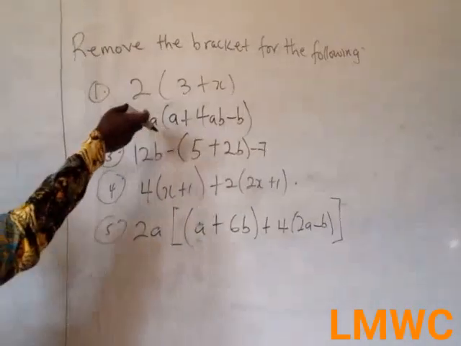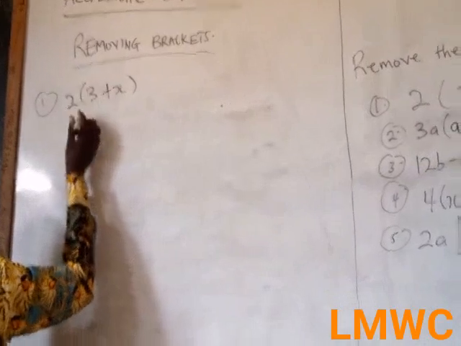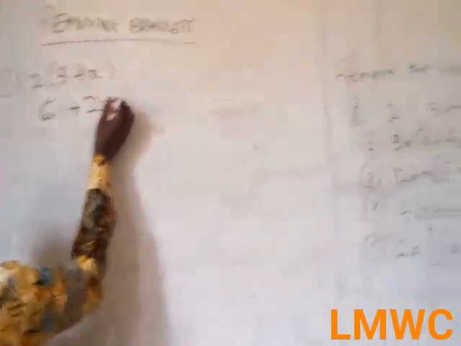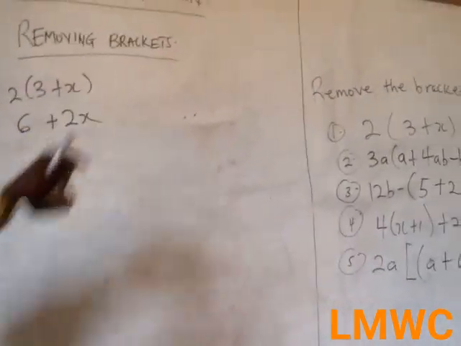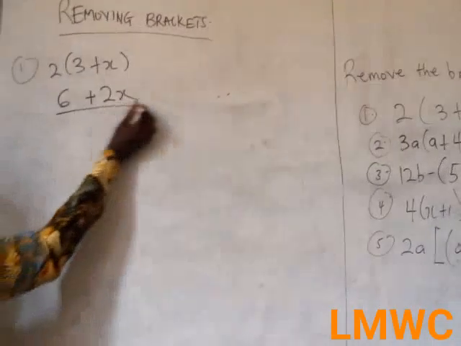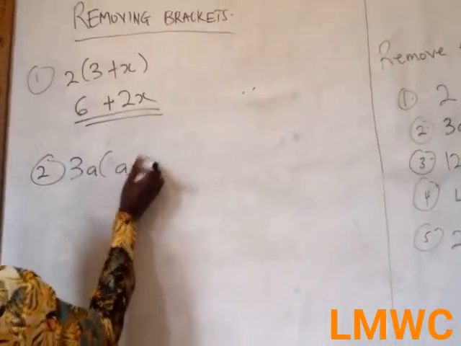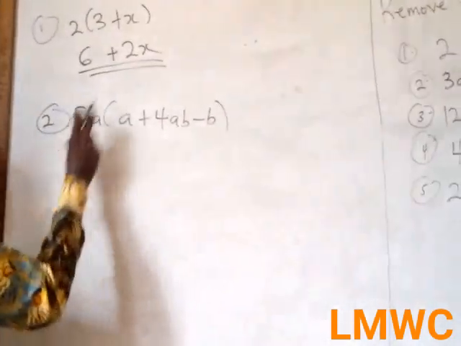So question 1. We have 2(3 + x). 2 times 3 is 6 plus 2 times x is 2x. Always use the number outside to multiply the terms in the bracket. So this is our answer. Question 2: 3a(a + 4ab - b).